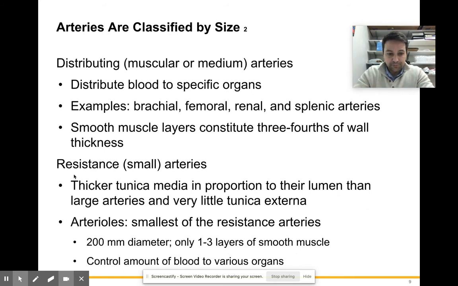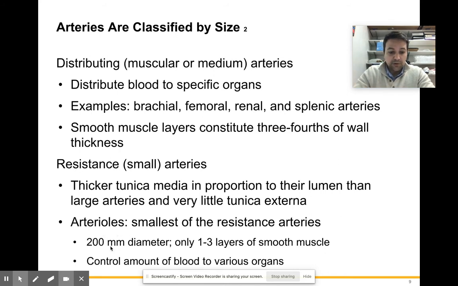And then you have small arteries called resistance arteries. These are going to be thicker. They have thicker tunica medias in proportion to their lumen. They can sometimes be called arterioles, which are the smallest of all the arteries.